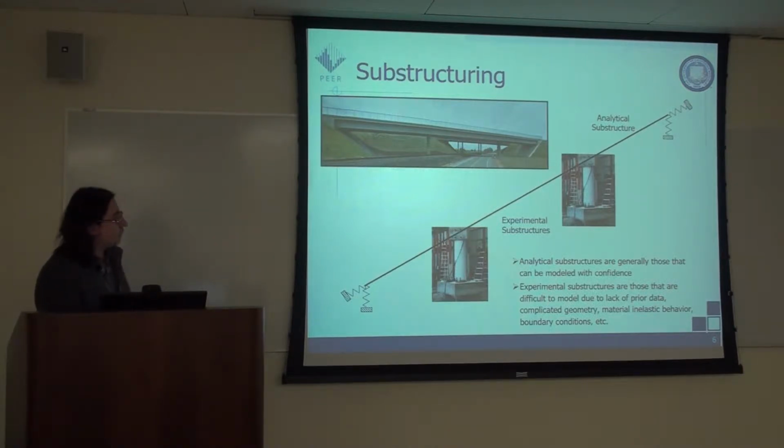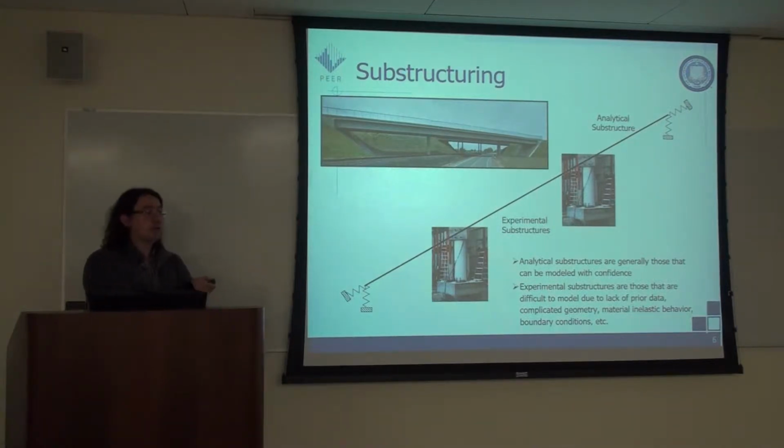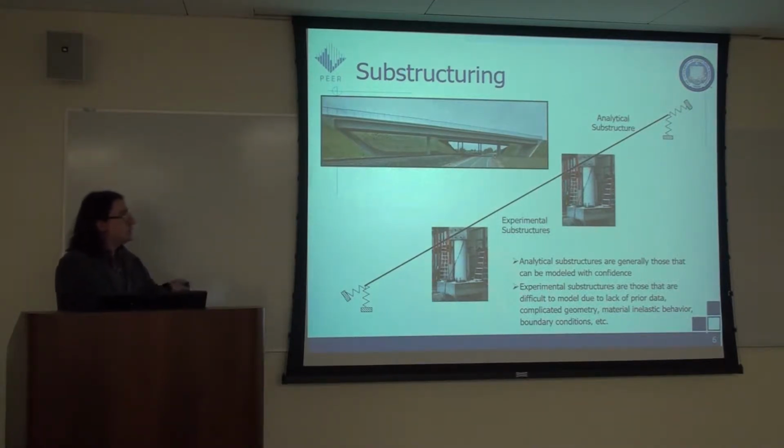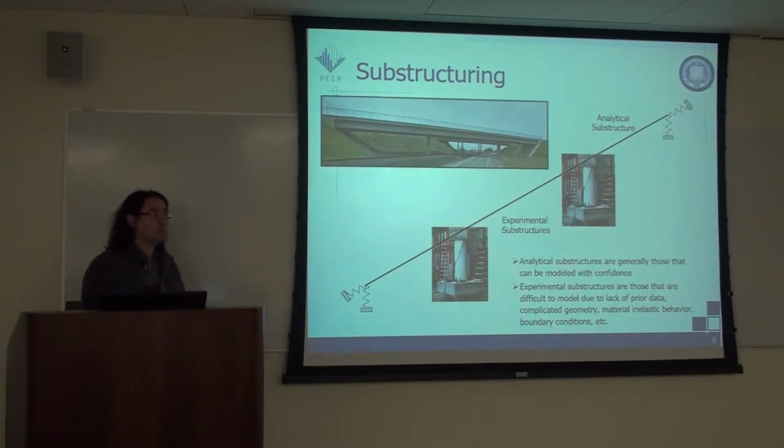Here I'm showing an example from a highway bridge in Northern California, and according to the Caltrans and AASHTO design philosophy, the superstructure needs to remain elastic. So if we assume that the design is done correctly, the superstructure, including the deck and the girders and the cap beams, remain elastic, so they can be modeled in the computer in a straightforward manner.